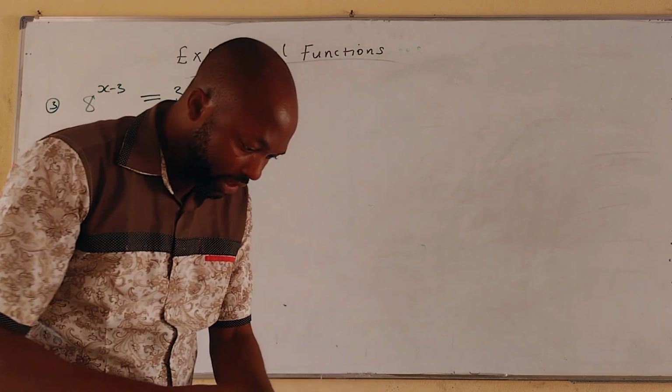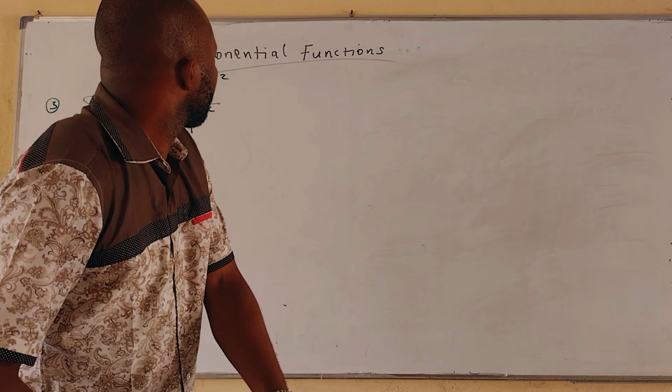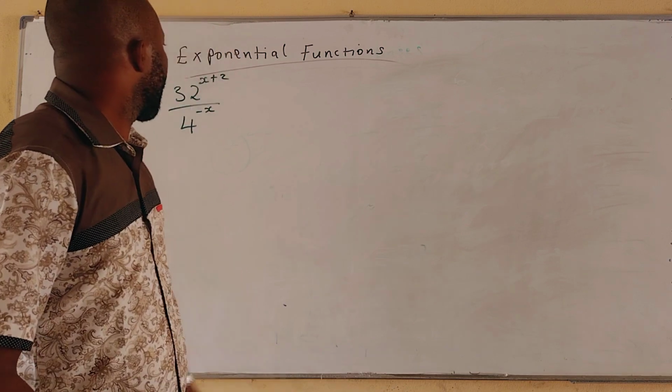Let me certify: 8 raised to the power x minus 3 equals 32 raised to the power x plus 2 over 4 raised to the power minus x.